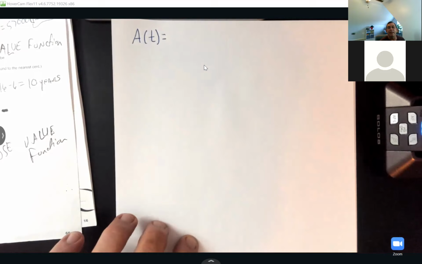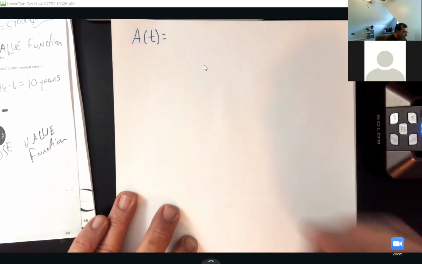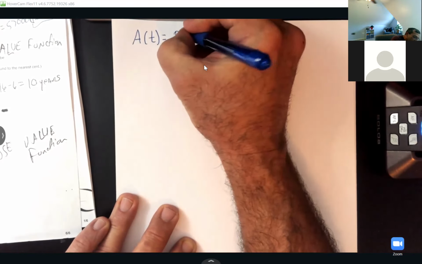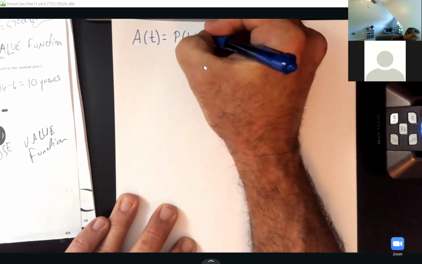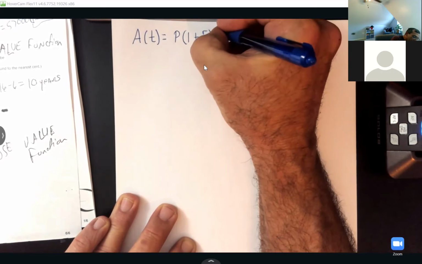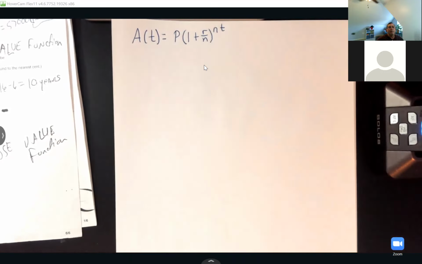A of t means we're going to use t as a variable because that represents time. So let me write this whole formula down. You got P times parentheses 1 plus r over n, all raised to the n times t.